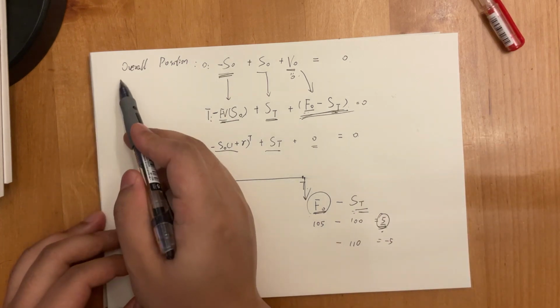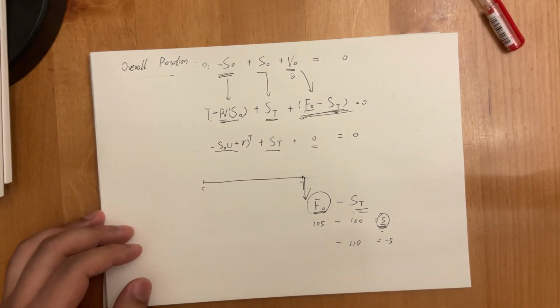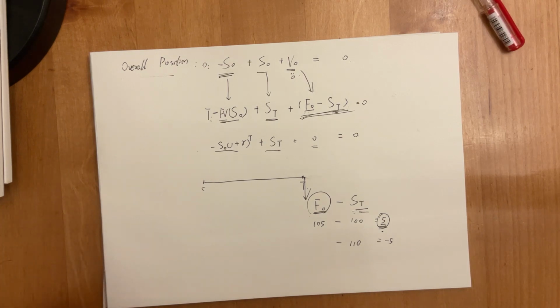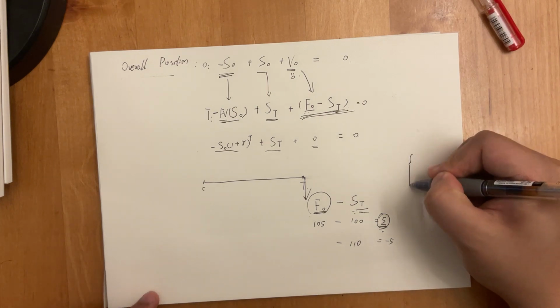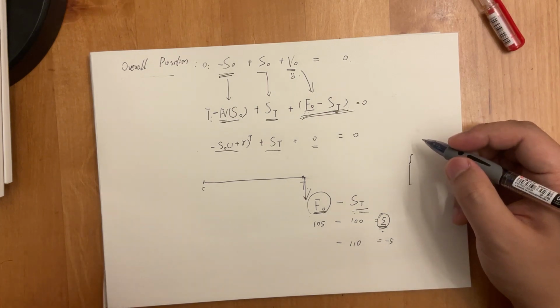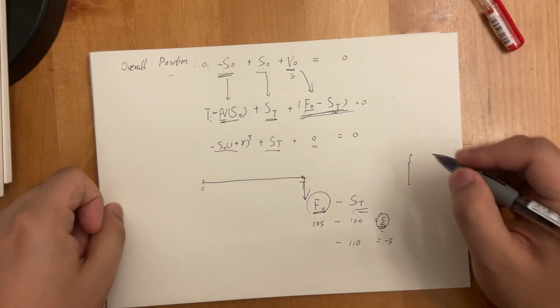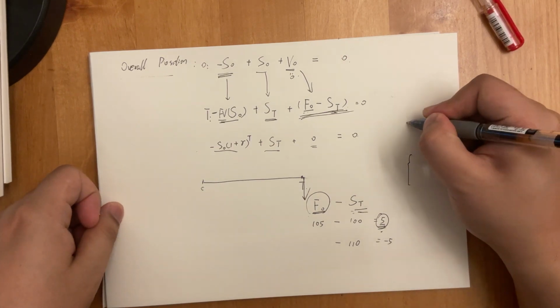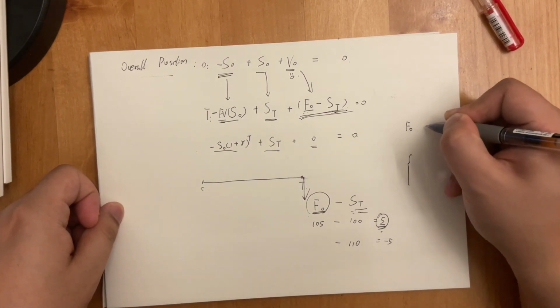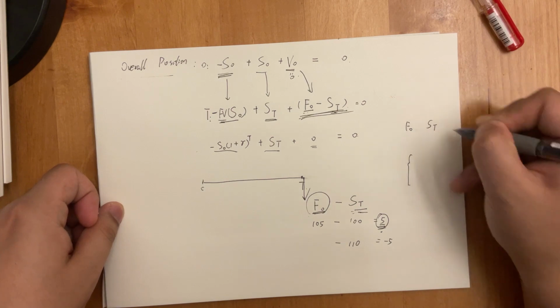So you might end up with a positive or negative position. Okay, so basically you're going to get at least 3 scenarios depending on F0 and ST.